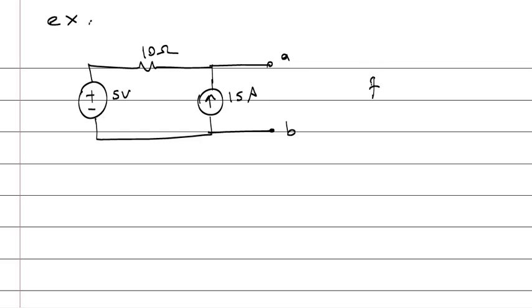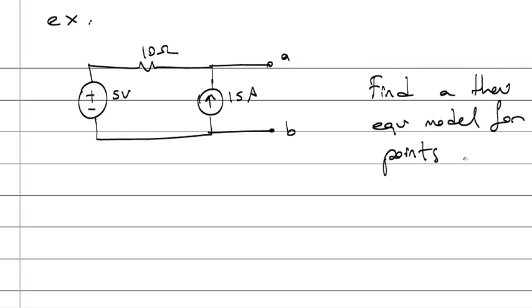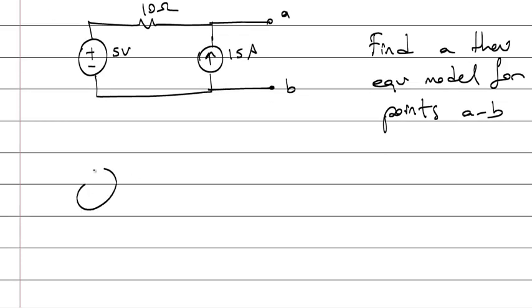Question: find a Thevenin equivalent model for points A, B. I want you to draw a Thevenin circuit. You can name it A prime, B prime. It means I want you to draw an equivalent circuit.